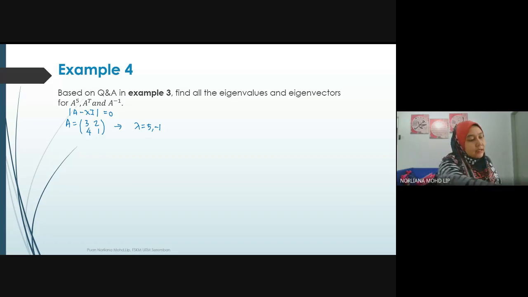So what is the eigenvector corresponding to lambda equal to 5 and negative 1? First, you have to find all the eigenvectors for lambda equal to 5 and lambda equal to negative 1.